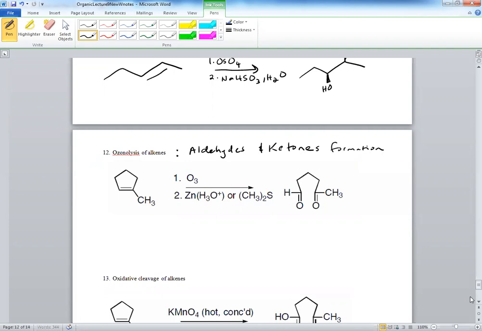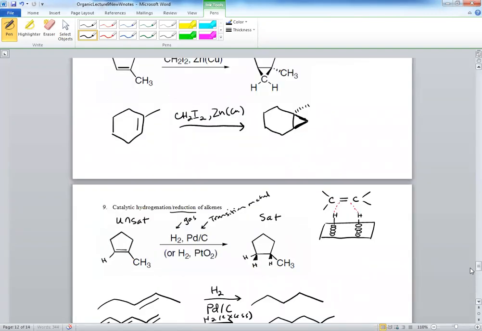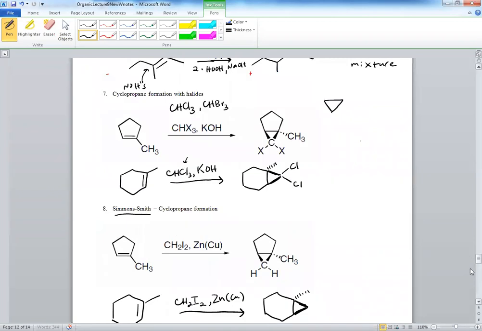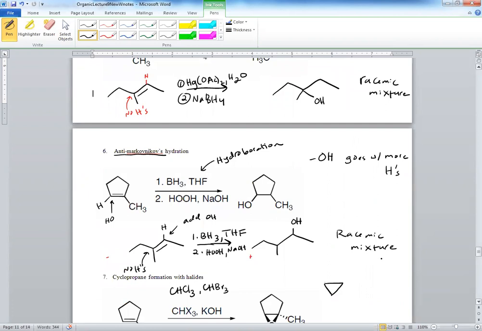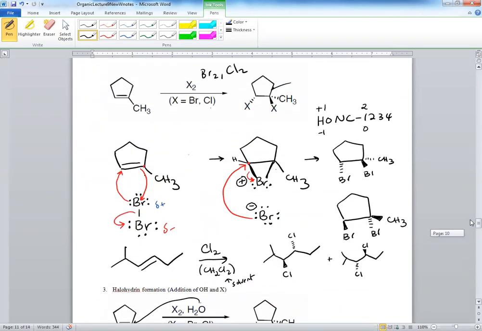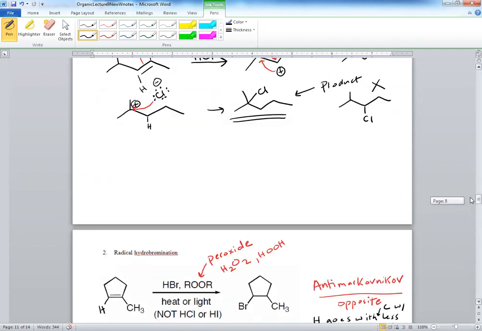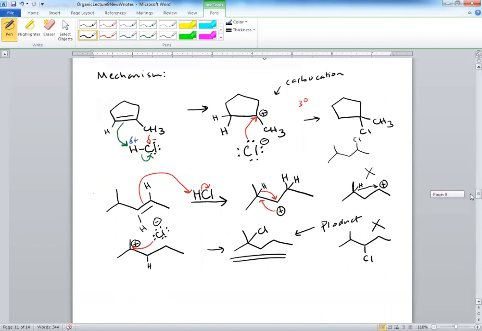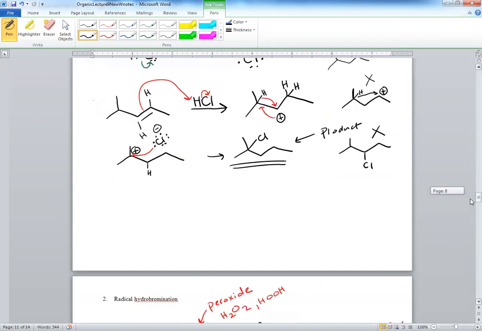You might say, why have we been talking about all of these reactions? Every reaction yields something new to you. If we begin all the way with the first reaction, we went from an alkene to an alkyl halide, following Markovnikov's rule.